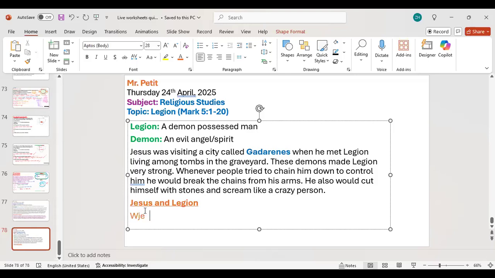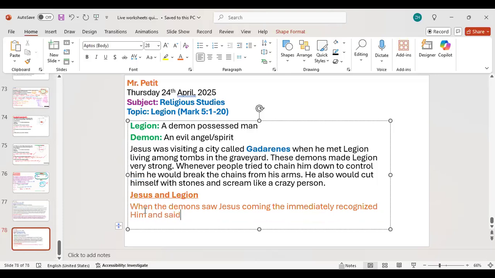When the demons saw Jesus coming, what did they do? They immediately recognized him and ran, and dropped to his feet.